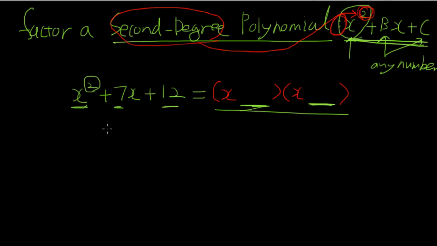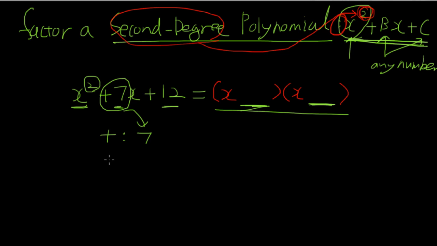When we add these two numbers, it should be the same as this number right here, 7. Why is it 7? Because we're talking about the number right in front of the x, the b in this format.